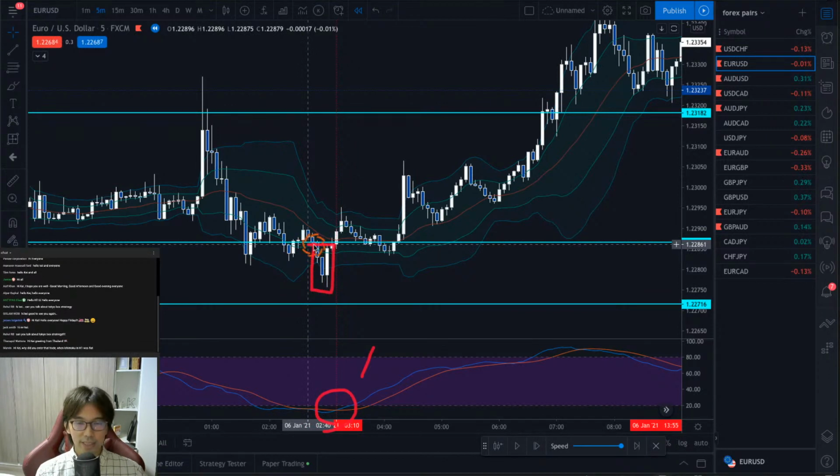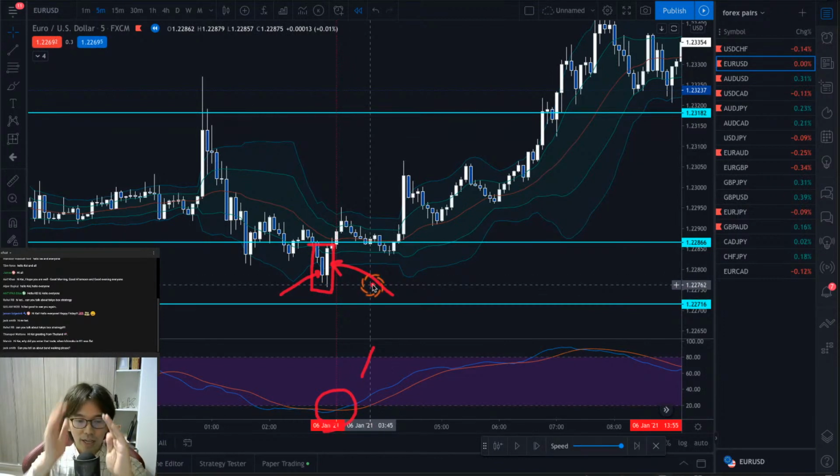So this previous candle is engulfed by the next candle. The previous candle is smaller than the next candlestick, and this is called an outside bar. When you see the outside bar, you just wait for the breakout, and that will be another good confirmation to buy.